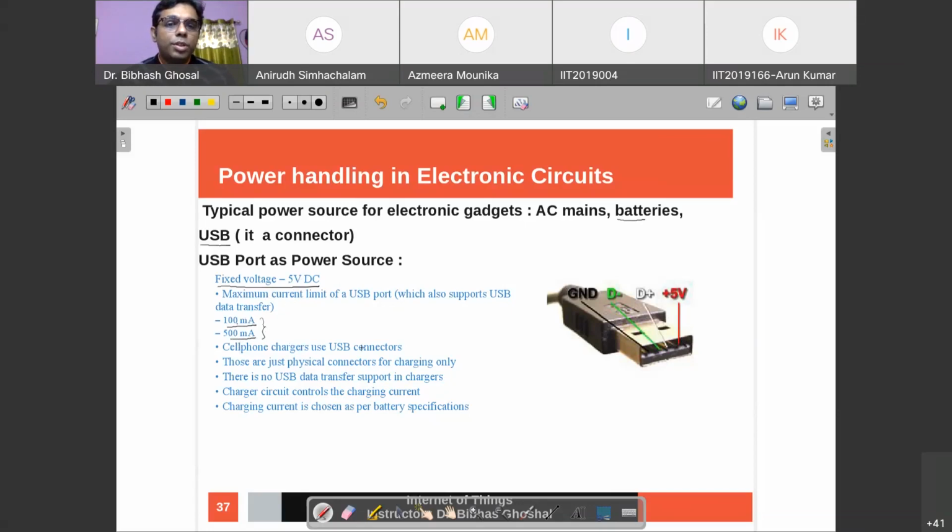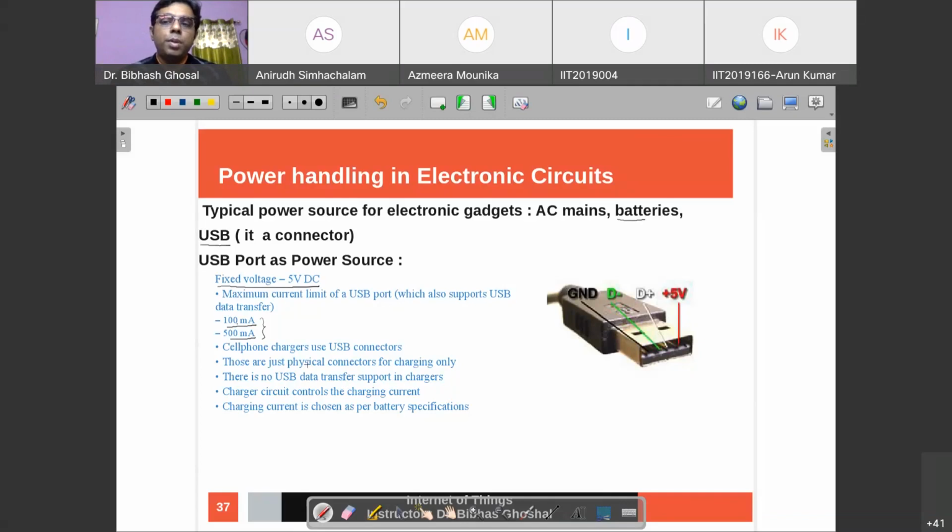Now cell phone chargers are USB connectors. They are just physical connectors. There is no USB data transfer, and you have to understand that it's 5 volt. So this can only power up devices or circuits which work at a 5 volt supply. Thank God majority of the CMOS circuits are 5 volt operated.